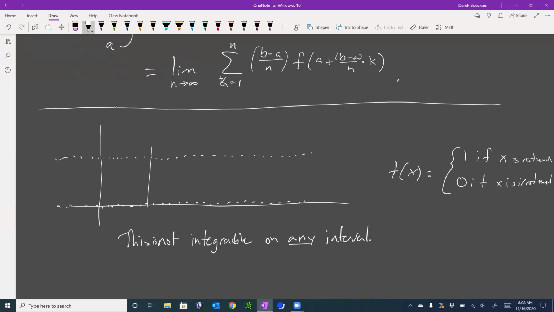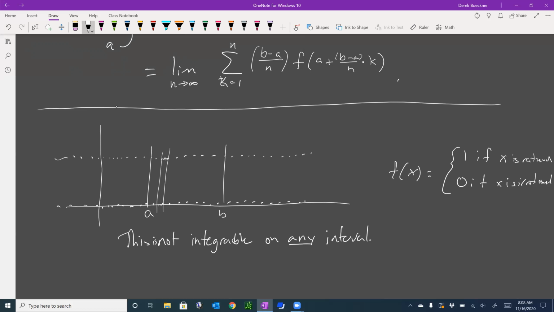Well, if you think about it, let's take an interval here. We need the lower sums and the upper sums to converge on each other to be the same. It's supposed to be the fact that if I take any point in there and I take more and more rectangles, I get closer to the area under the curve. So any rectangle I draw in here, there's a maximum point up here at 1, there's a minimum point down here at 0.